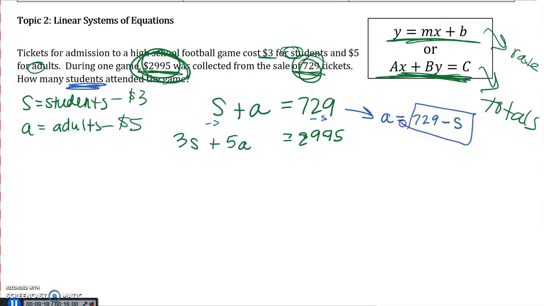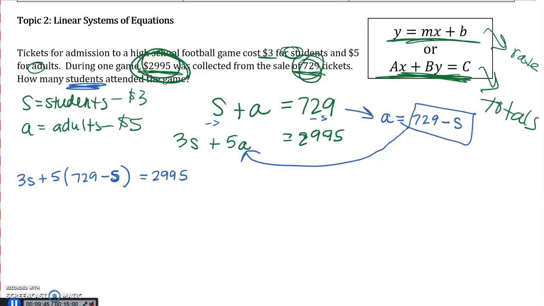And then I'll take this whole chunk and plug it in for the number of adults. I'll come over here. 3s plus 5 times 729 minus s, that's an s, not a 5, equals 2,995.